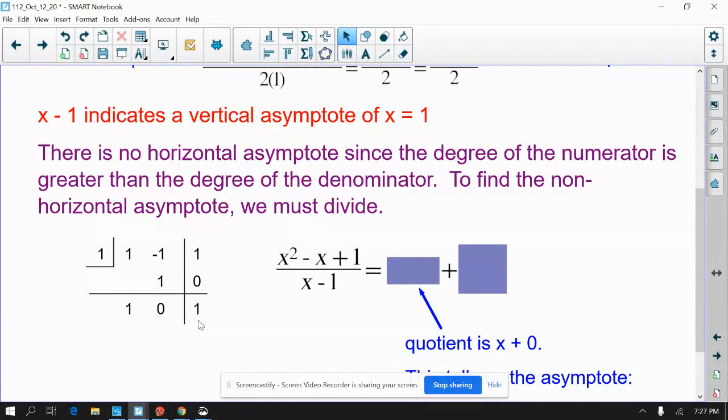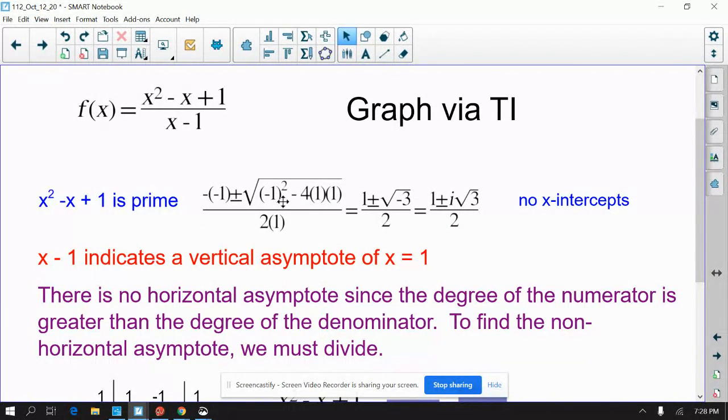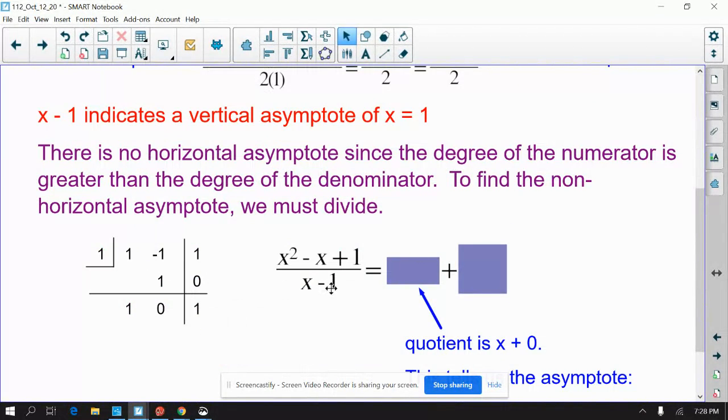Okay, well, I got 1 as a remainder. Remember, that means that I did not divide by a factor. And also, 1 is not a 0. I knew that already because the zeros are imaginary. They're not real, and 1 is a real number.